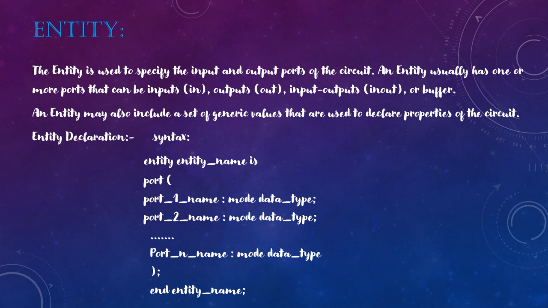Entity. The entity is used to specify the input and output ports of the circuit. An entity usually has one or more ports that can be inputs, outputs, input-outputs, or buffer. An entity may also include a set of generic values that are used to declare properties of the circuit.